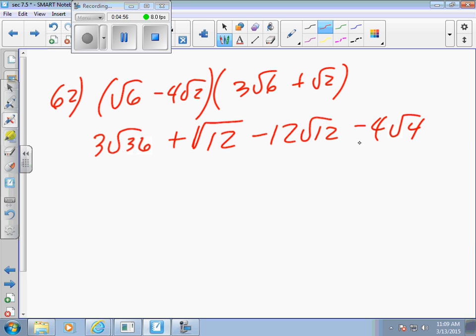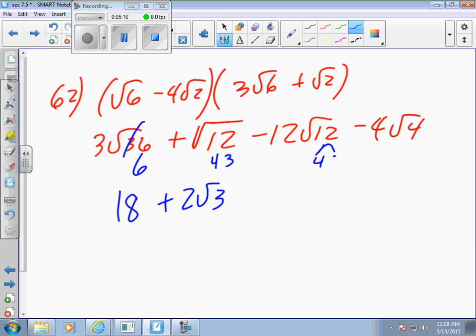Lots of simplifying to go here. Square root of 36 is 6. 3 times 6 is 18. 12 is 4 times 3. Bringing the 4 out makes it a 2 root 3. Same thing here. This is 4 times 3.